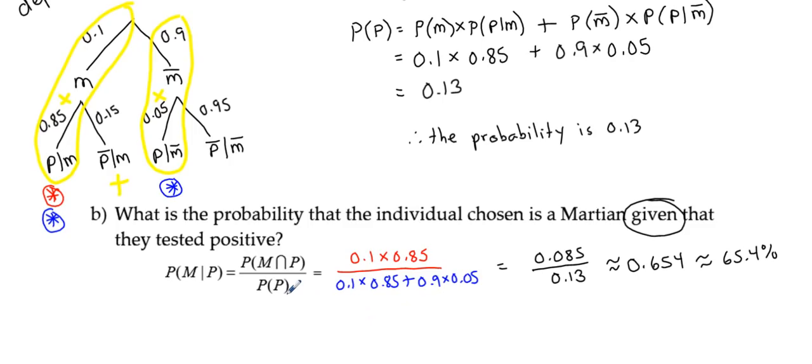So if they tested positive for being a Martian, there's only a 65% chance that they actually are a Martian. And because we rounded, don't forget to write the word approximately, 0.654. Don't forget your approximately equal to signs. And just so that you don't make mistakes, these aren't just squiggles that you can design any way you want.